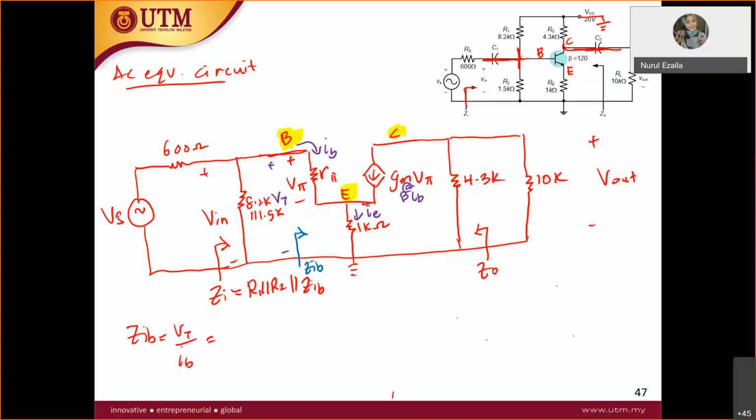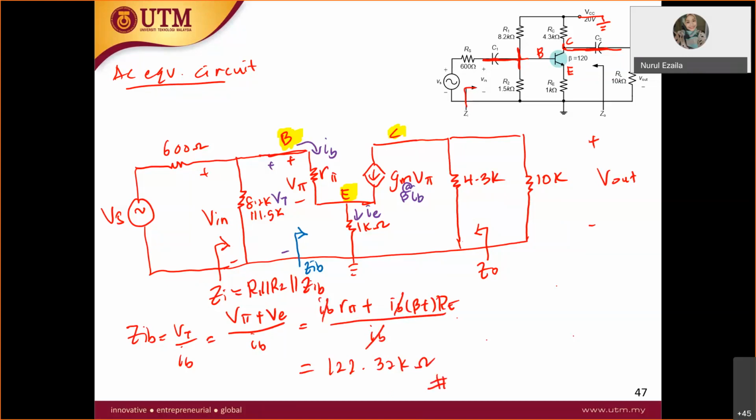VT here is V pi plus VE over IB. V pi here is IB R pi plus VE is IB (beta plus 1) RE. Finally you have IB and you cancel out everything. So ZinB here, you will get a value of about 122.32 kilo ohm.